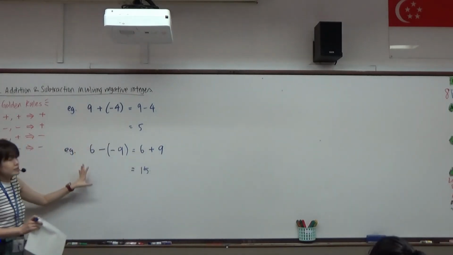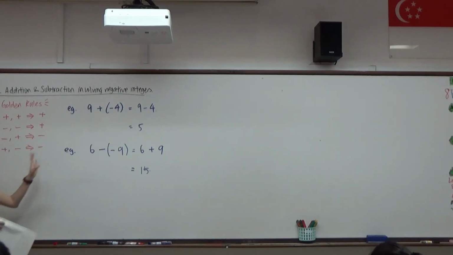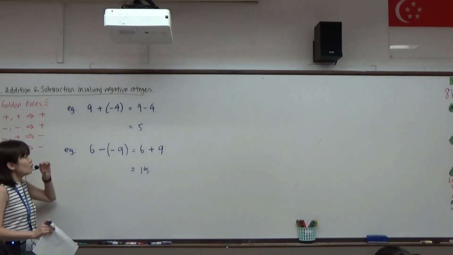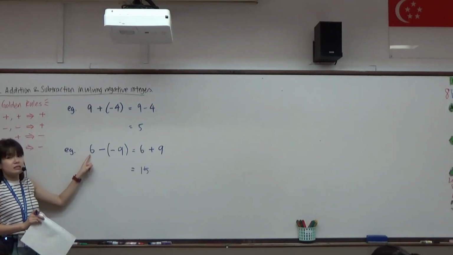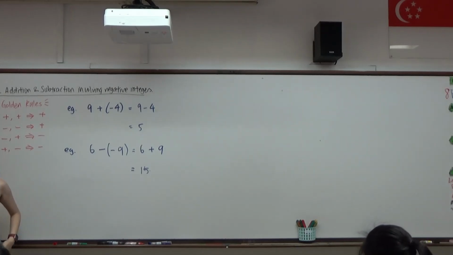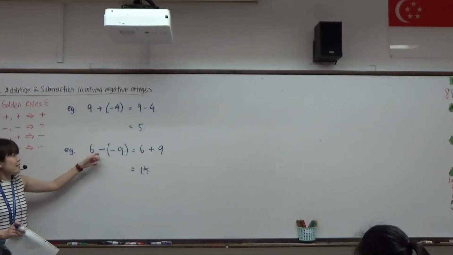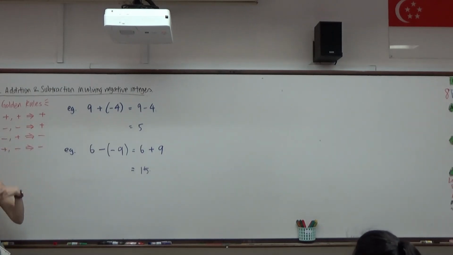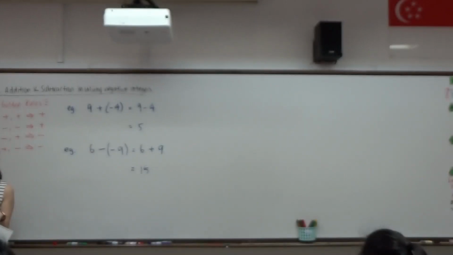Questions so far? In fact, to check whether it is really 15, we think about the situation. This is positive 6, means I have $6 in my pocket. Then I minus away negative 9. That means I deduct away the amount that I previously lent to someone else.